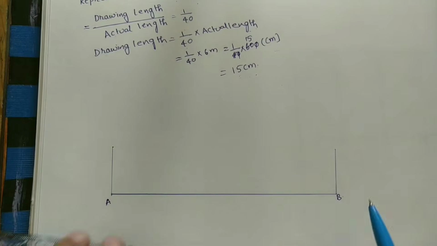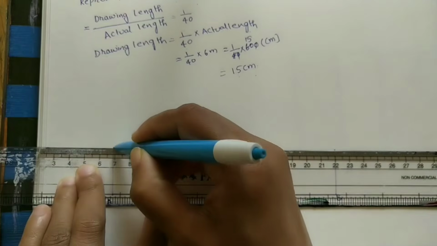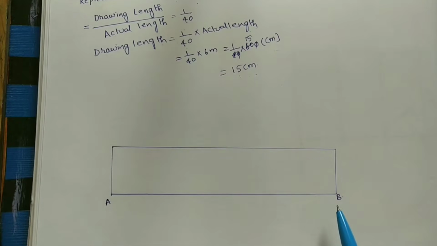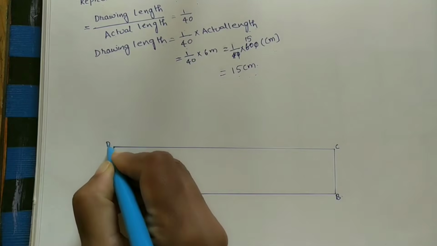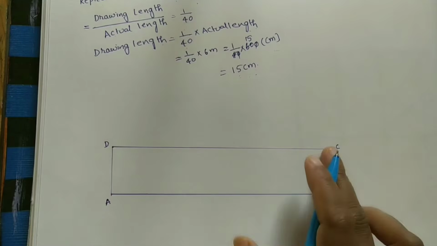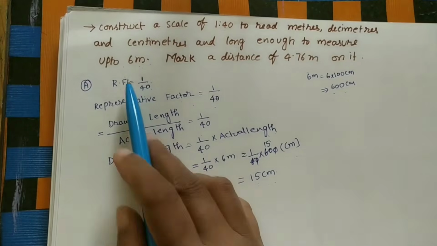Join these two ends. For these corners A and B, give the next corners C and D. So ABCD is the one scale, by using which we can measure up to 6 meters.